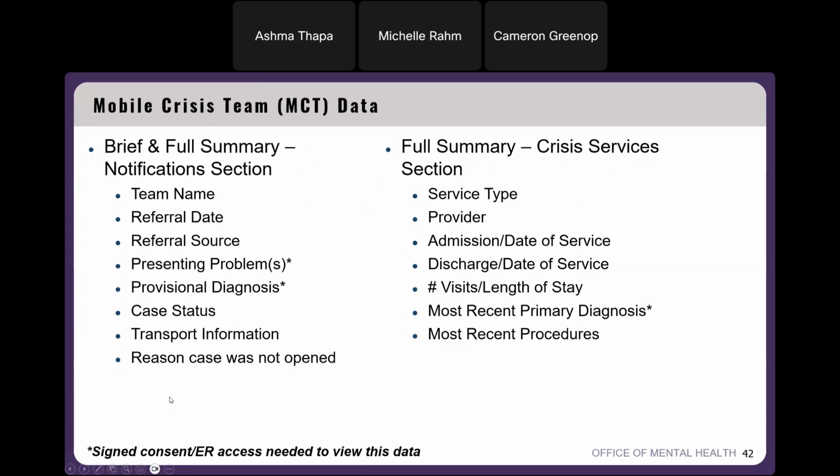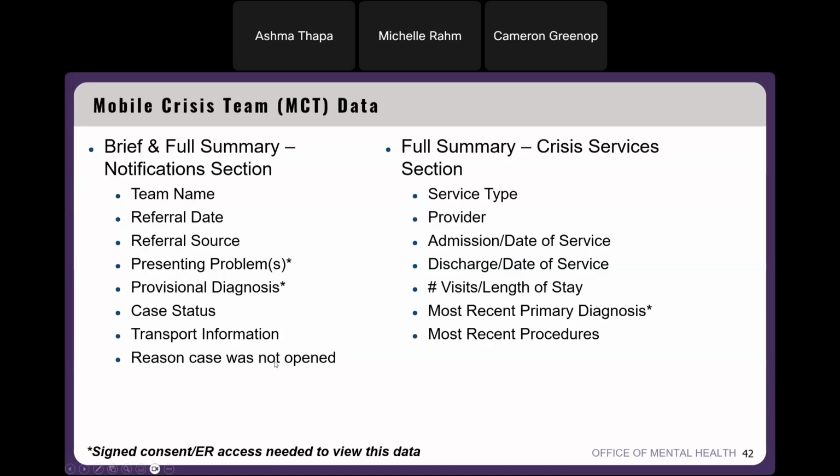That would include the mobile crisis team name, the referral date, the referral source, presenting problems, provisional diagnosis, case status, transport information, and reason case was not open. And these elements depend on if the data is available or not.